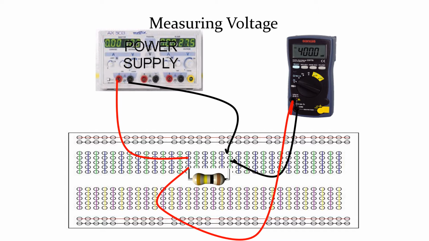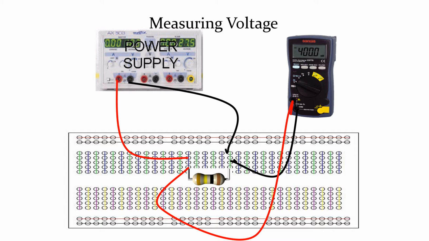The positive terminal of the power supply connects to one terminal of the resistance, and the negative terminal of the power supply connects to the other terminal of the resistance.